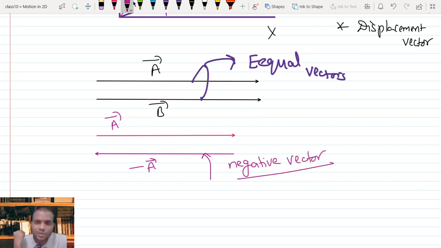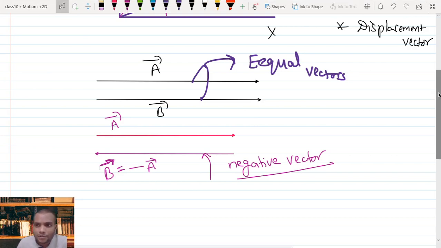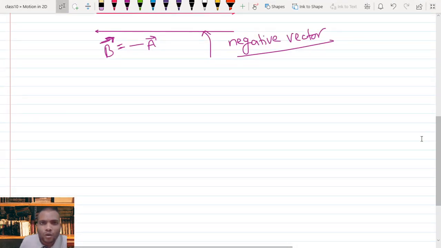The magnitude is the same but the direction is opposite. So here I can write b bar equals minus a bar. b bar is also a vector, but it is exactly equal to the negative of a bar. Negative in vectors represents only the direction of the vector. And sometimes we need to calculate only the magnitude. So here we can represent another vector which is known as the modulus vector.